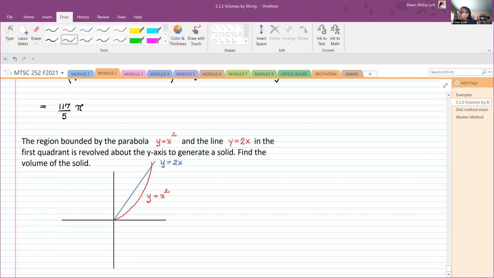Okay, so we're revolving it around the y-axis. We're going like that. So that means you have to choose an x or a y.